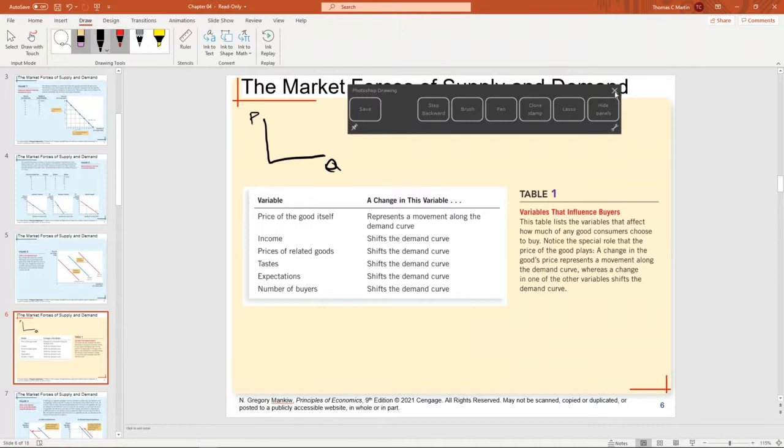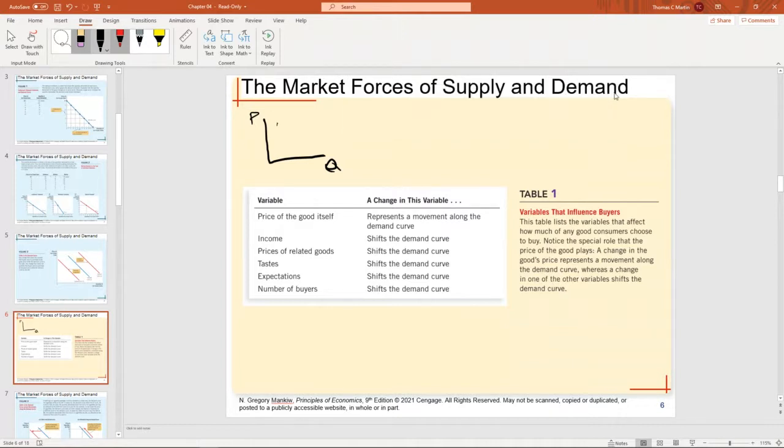Now, look at the demand for the skate park tickets and the supply for the tickets.